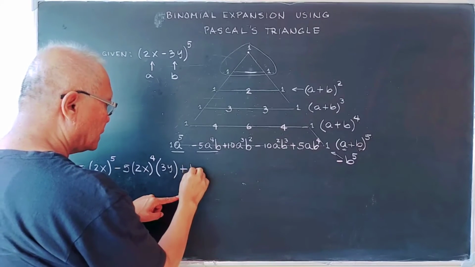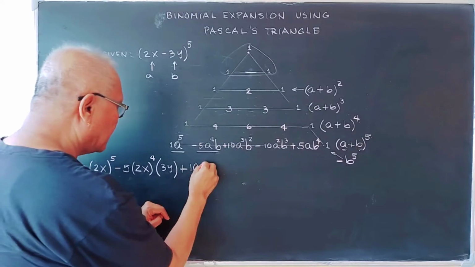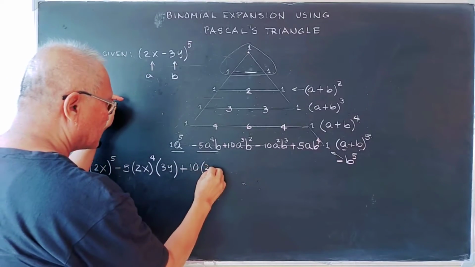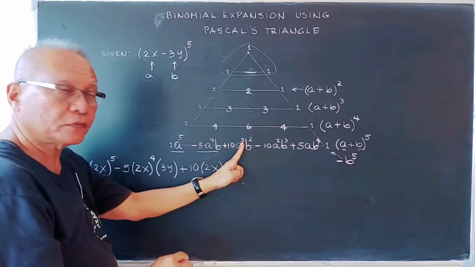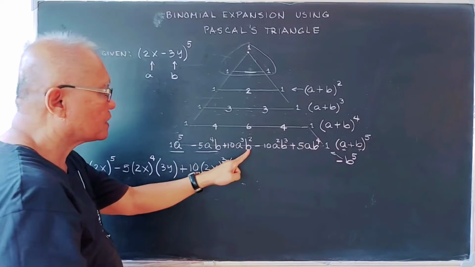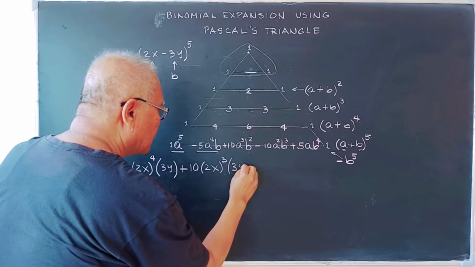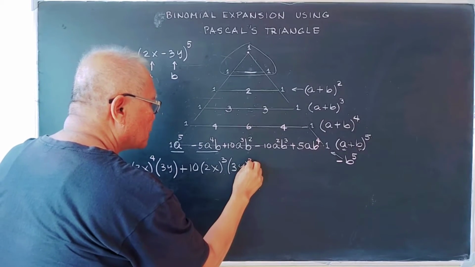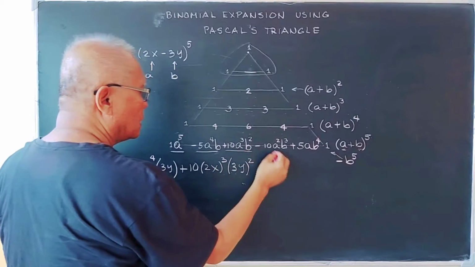We have the 10 here, and then the A, which is 2x. Where is that one to the third power? Times the B, which is 3y. So we have 3y. To the second power. So done.